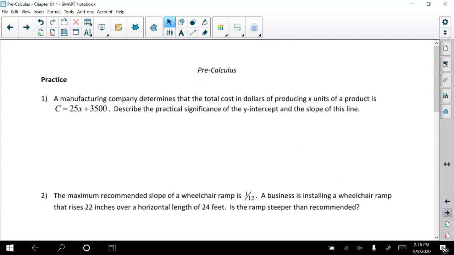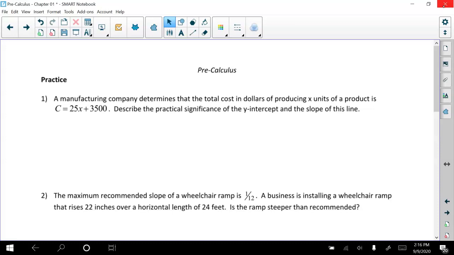Now let's use some of this information. Here we have an equation. A manufacturing company determines the total cost of producing x units of a product is C equals 25x plus 3,500. What is the significance of the y-intercept and the slope of this line?